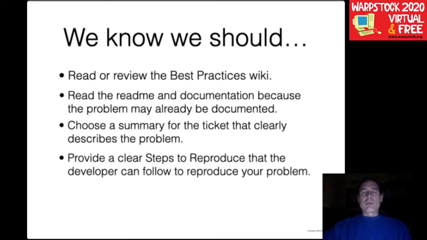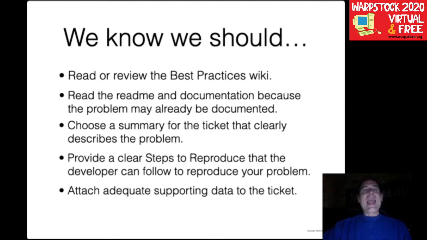We know that we should provide a clear set of steps to reproduce the problem so that the developer can reproduce the problem. And we know that we should attach adequate supporting data to the ticket. But what really happens? How often do you jump directly to opening a ticket before reading the documentation or reviewing the wiki? It's something to think about.